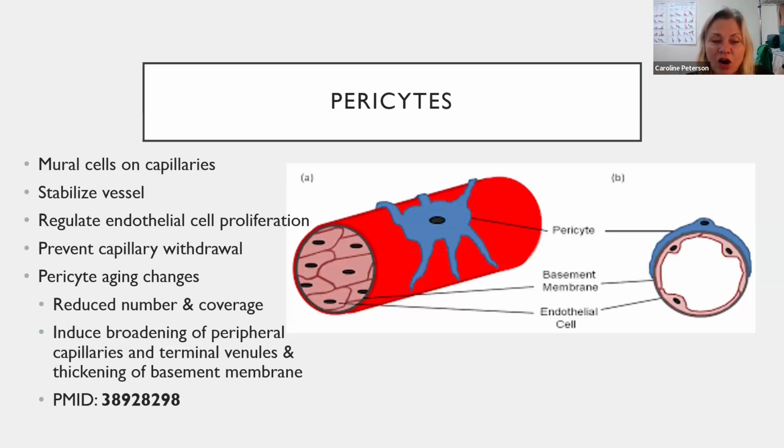As a person ages, they become less functional. There are fewer of them, and their coverage is not as good, so they're not as stabilizing as the person ages. This will result in less stability of the microvasculature.